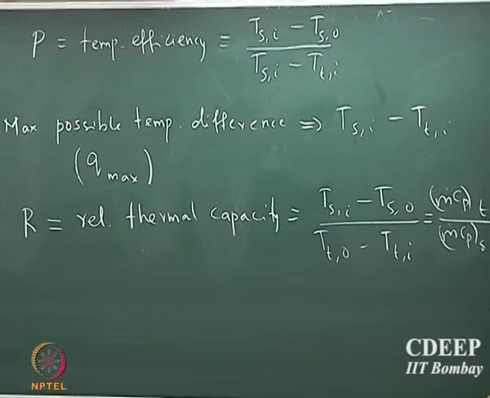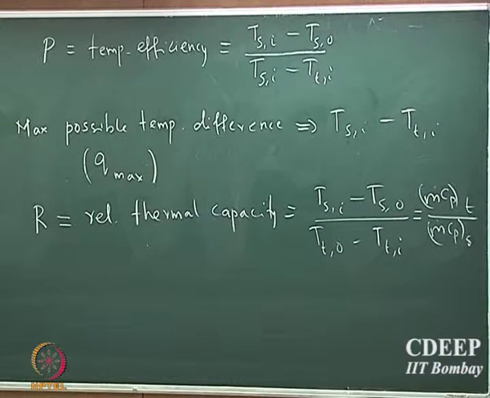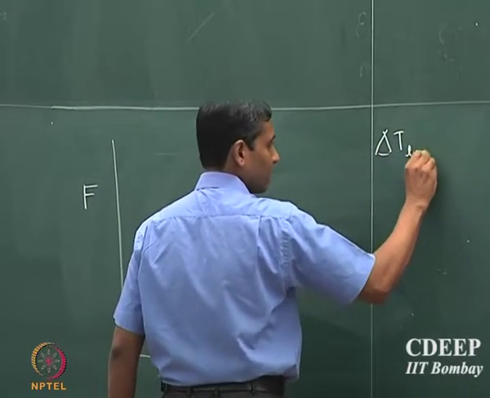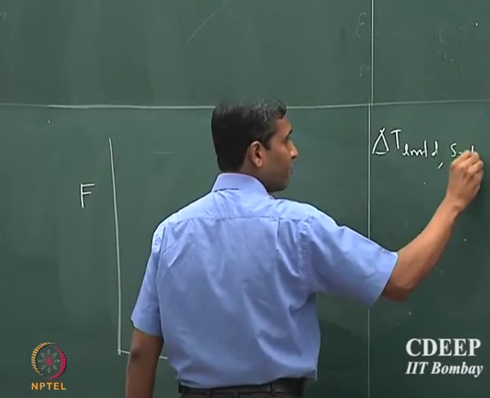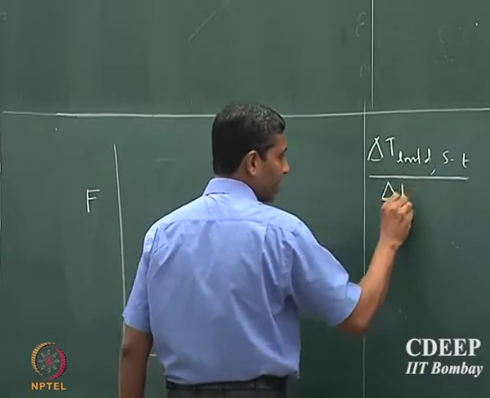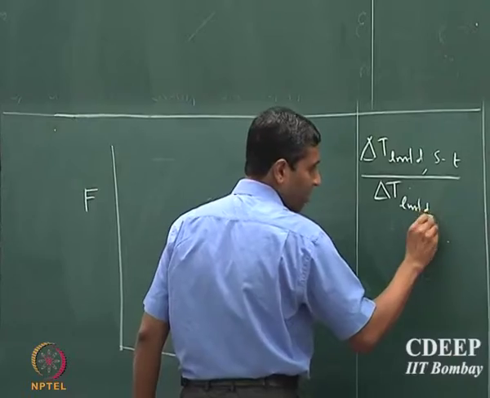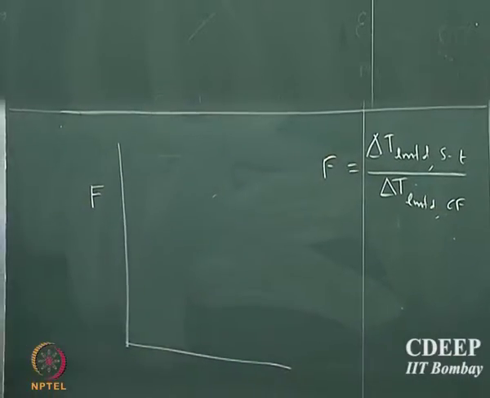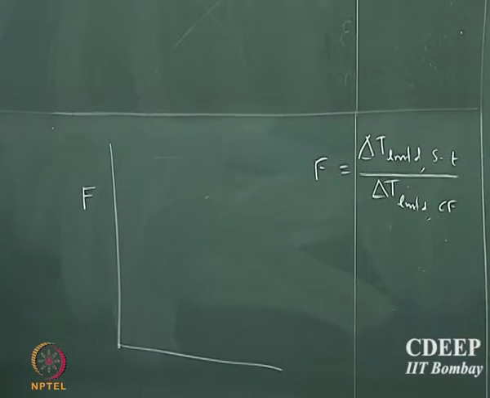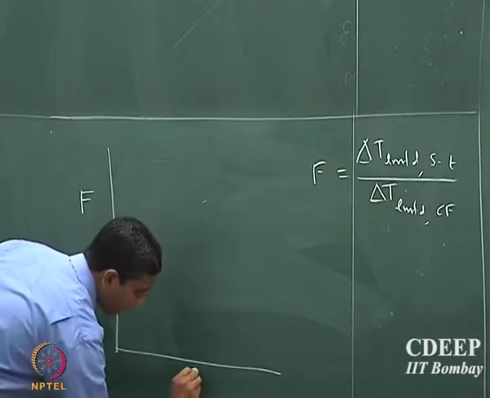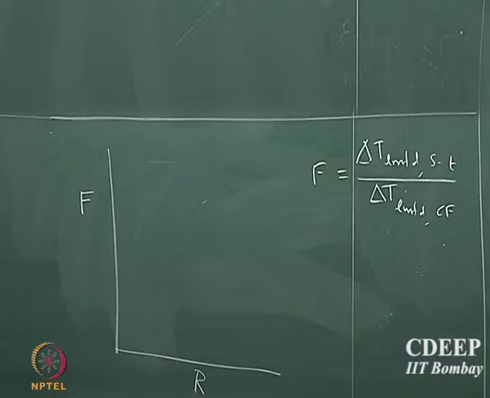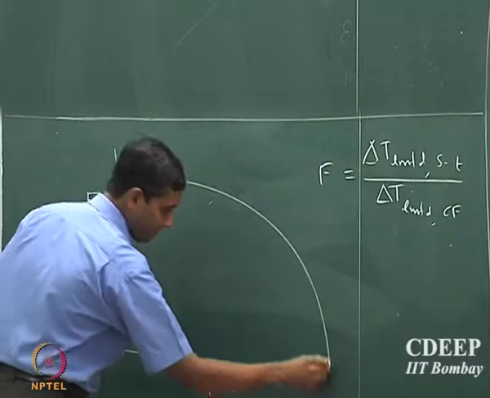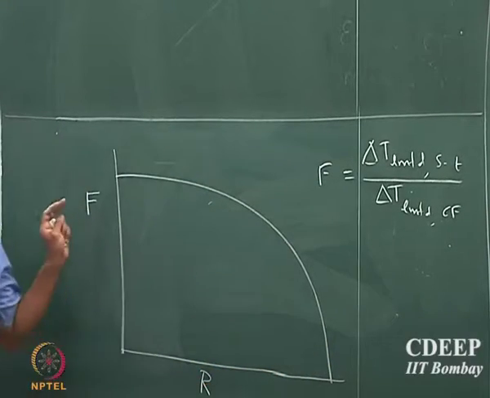Okay. So, this factor F is basically the delta T LMTD of the shell and tube heat exchanger divided by delta T LMTD of the equivalent counterflow. If I sketch the graph against R, which is the relative thermal capacity, what I would see for a fixed P, note that these expressions have all been derived.